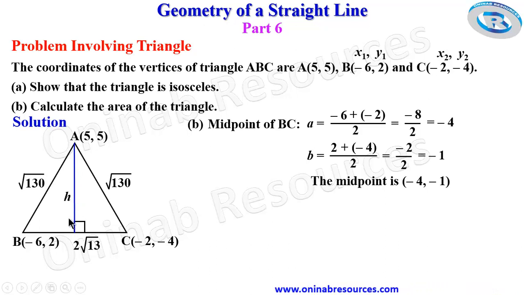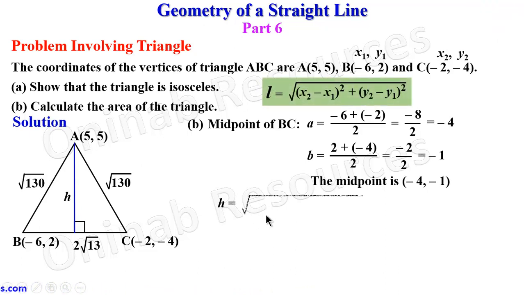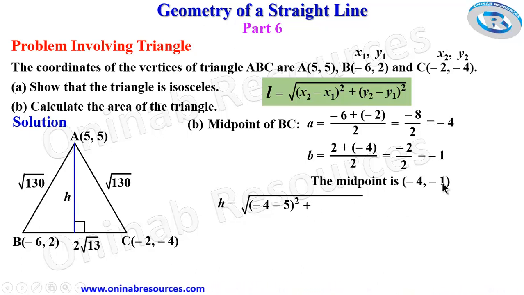We call it h. From here, we can find h using the distance between 2 points, so that we now have it as the square root of (-4 minus 5) all squared, plus (-1 minus 5) all squared.